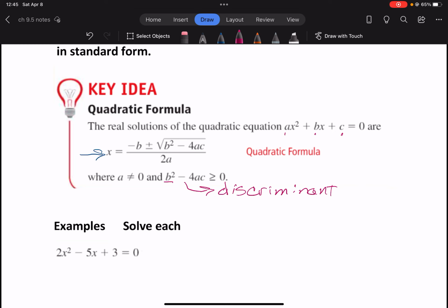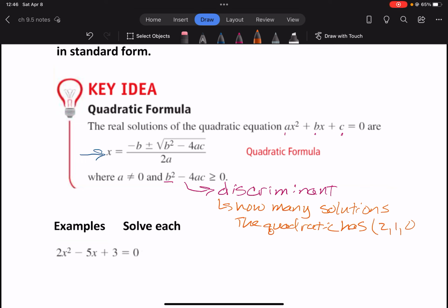And what the discriminant does is it tells me how many solutions the quadratic has, meaning that it has 2, 1, or 0.